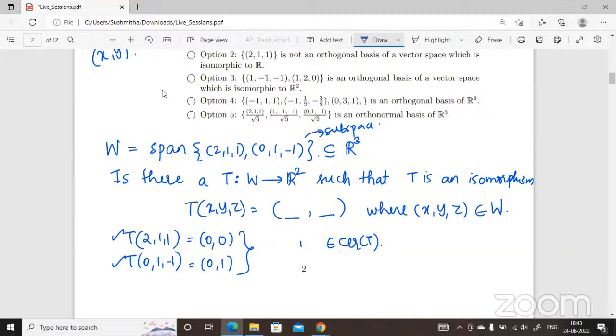So first of all, I should make sure that none of the basis vectors go to 0. Right? Yes. And you also want the range to be R2. Correct? Only then will the rank be equal to 2. So if the range has to be R2, you just take a basis for R2 and put it on the right side, right?